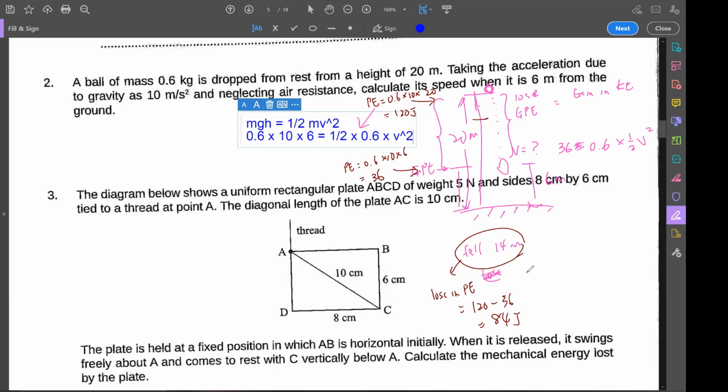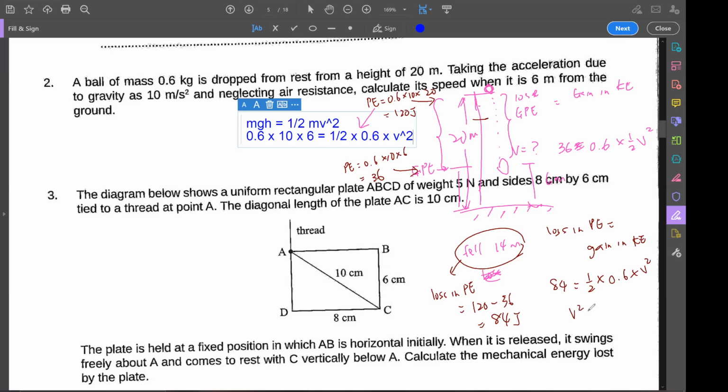Can I say that? Yeah. So loss in PE equals gain in KE. That means 84 is half times mass times v squared.